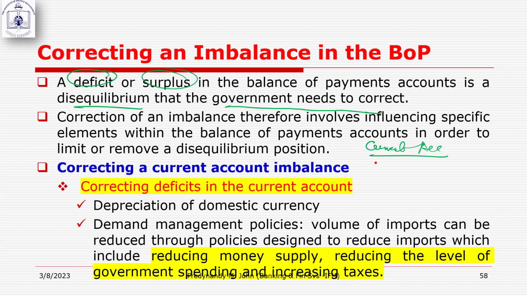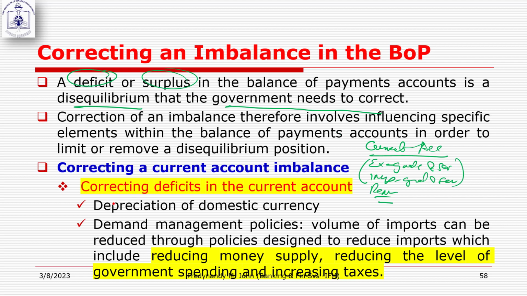This account records the exports of goods and services and the imports of goods and services. But also there are some remittances, donations, and gifts. In most cases, the major contributors to the current account are the levels of exports and imports of goods and services. Remittances and donations are small contributors.